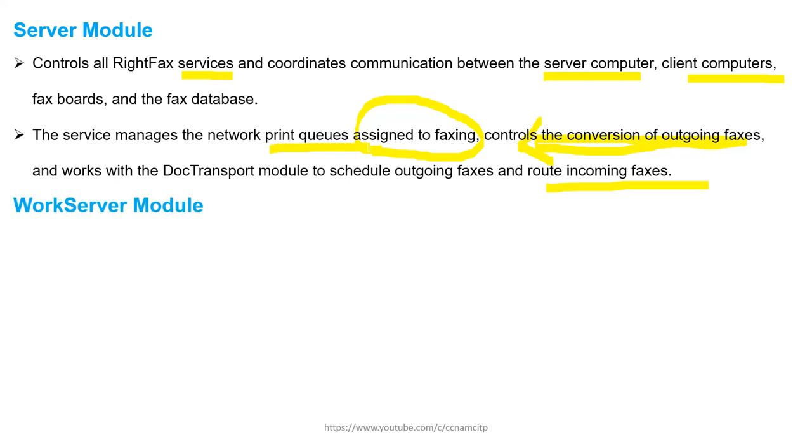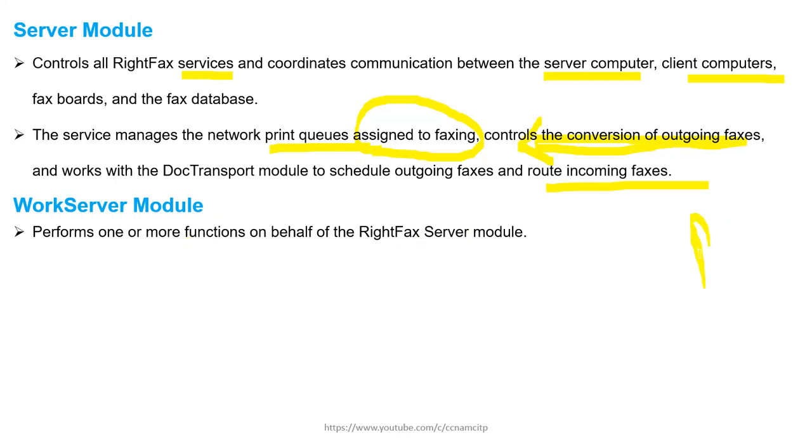Next one is work server module. What is the work server module actually, let's see. It performs one or more functions on behalf of the RightFax server. For example, this is my RightFax server and this is my work server. It will perform certain services on behalf of the RightFax server module. That is the main job of the work server module.